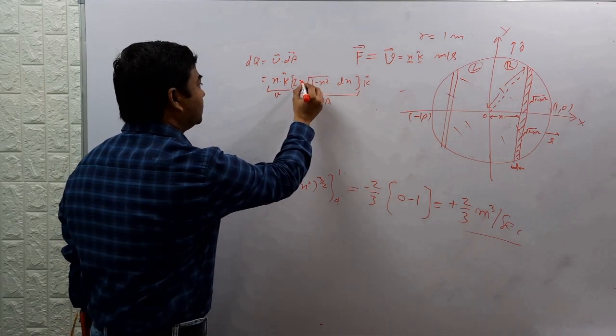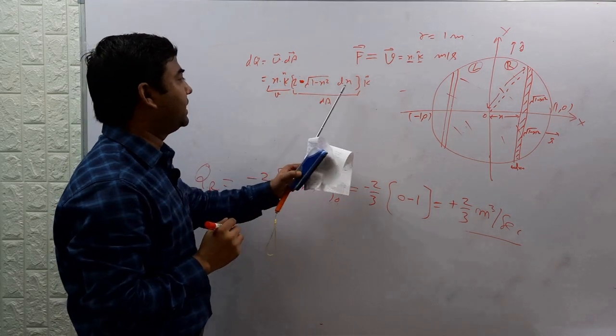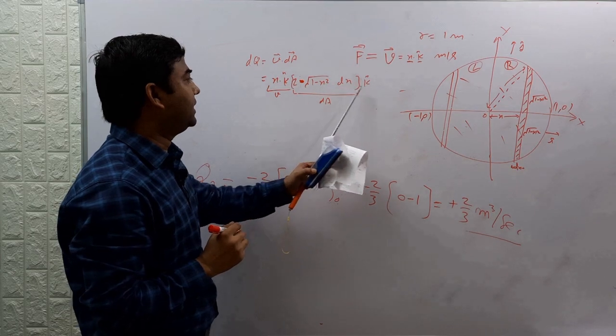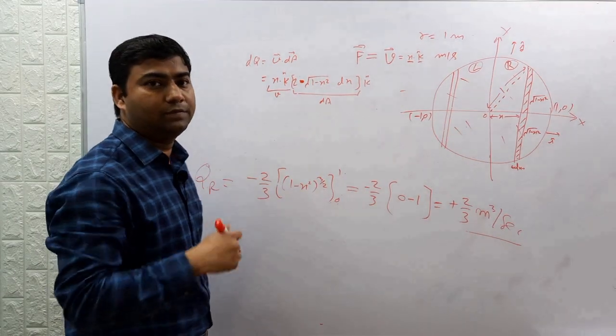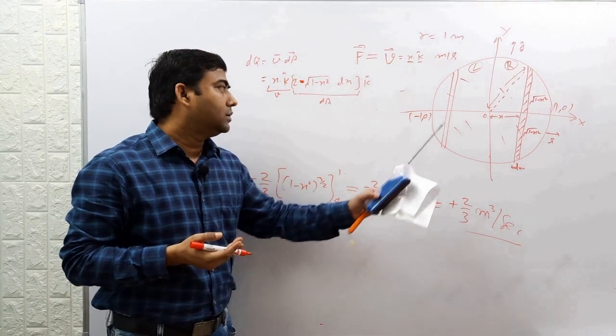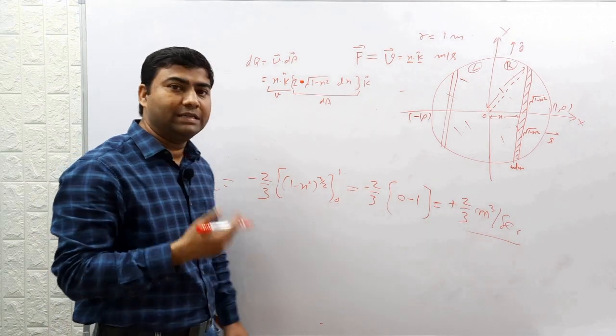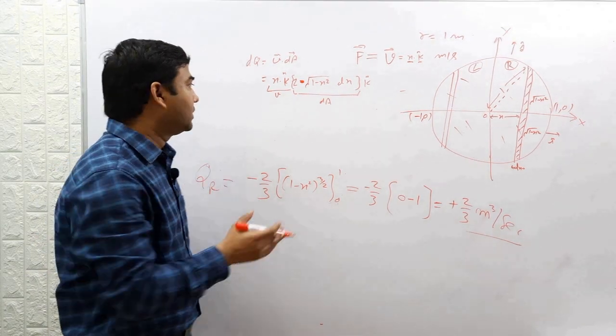2 into under root 1 minus x square, that is the length of the strip, and dx the width of the strip, that is the area, and k is the positive direction which we have assumed in our assumption. The normal above the board is positive, that we have assumed. So we have to stick with that assumption throughout the problem.